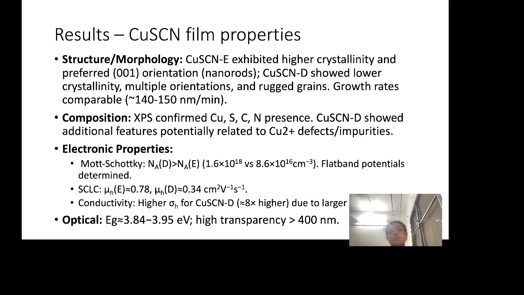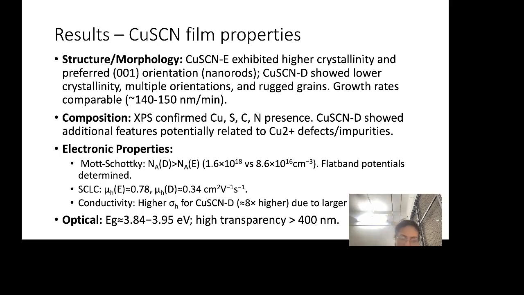The electronic properties are where it gets interesting. Mott-Schottky shows that the p-type carrier concentration in D is much greater than that in E, which is 1.6 times 10 to the 18 as compared to 8.6 times 10 to the 16.